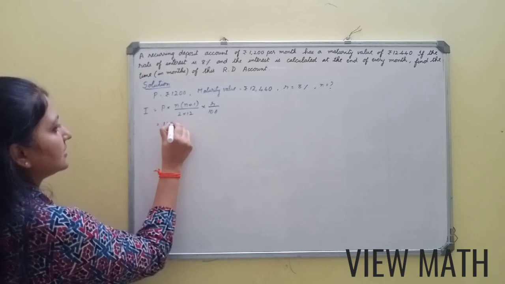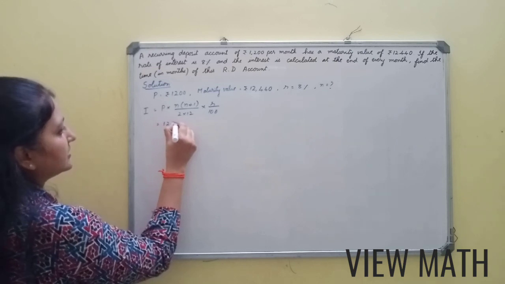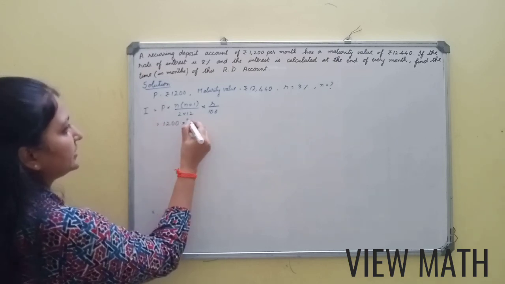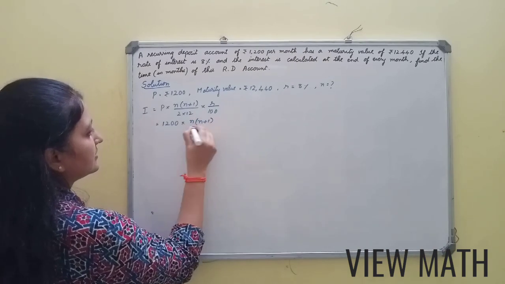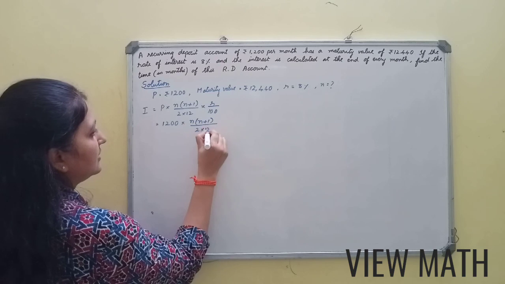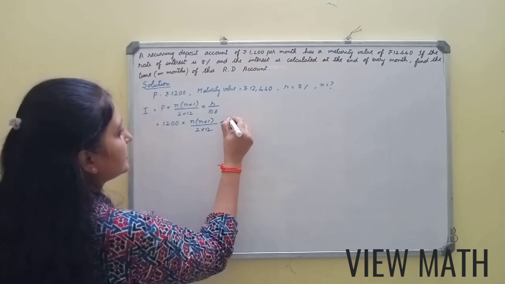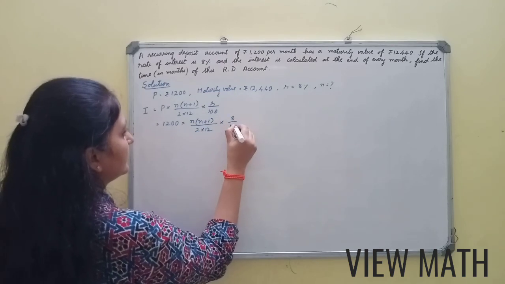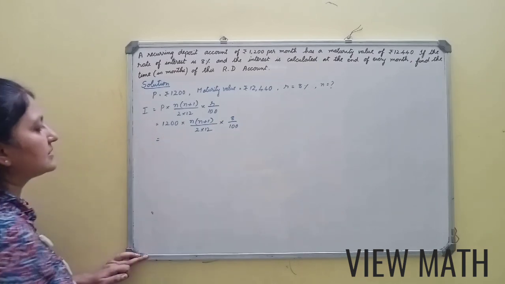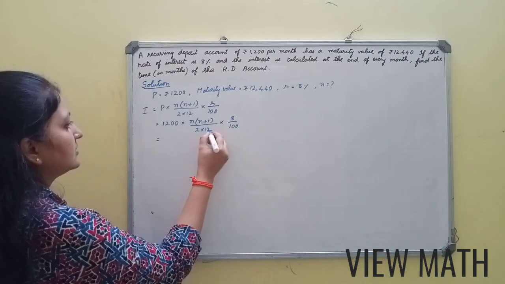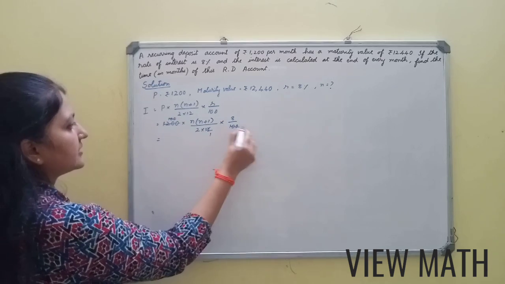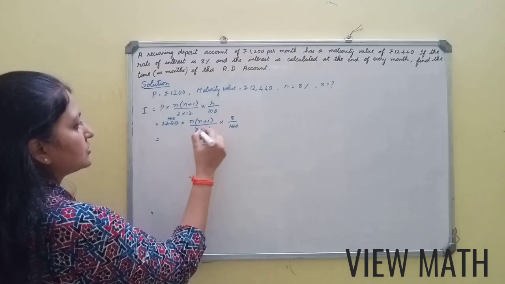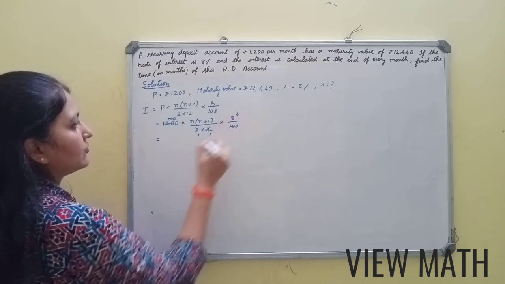P which is 1200 into N, we have to find out, let me keep as it is, 2 into 12 into R is 8%, so 8 by 100. Now simplify this. 12 1 times 12, 100 times 100 and 100 get cancelled. 4 1 times 4, 2 1 times 4 times.